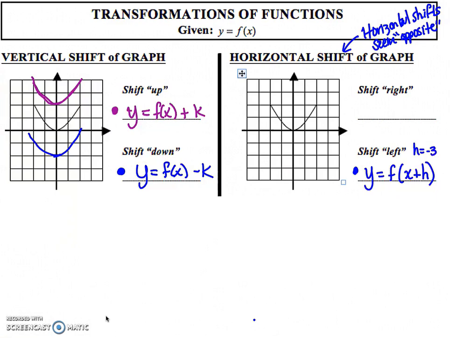then it becomes f of x plus 3 in the equation. Okay, so a shift left 3 would just make this graph look like this.